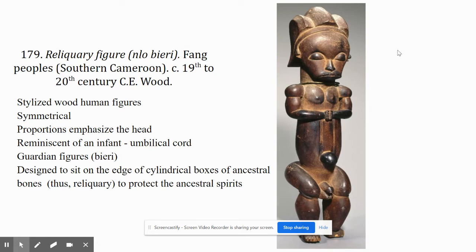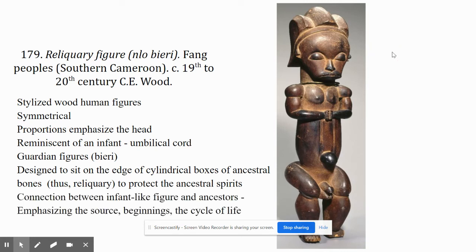And so to protect the ancestral spirits, you'll see over and over again in our study of Africa, not in every work, but a repeated focus in many works on honoring the ancestors. Being in touch with the ancestors is really important. So we want to think about the fact that it does kind of look like an infant, and the fact that it's guarding the bones of ancestors.